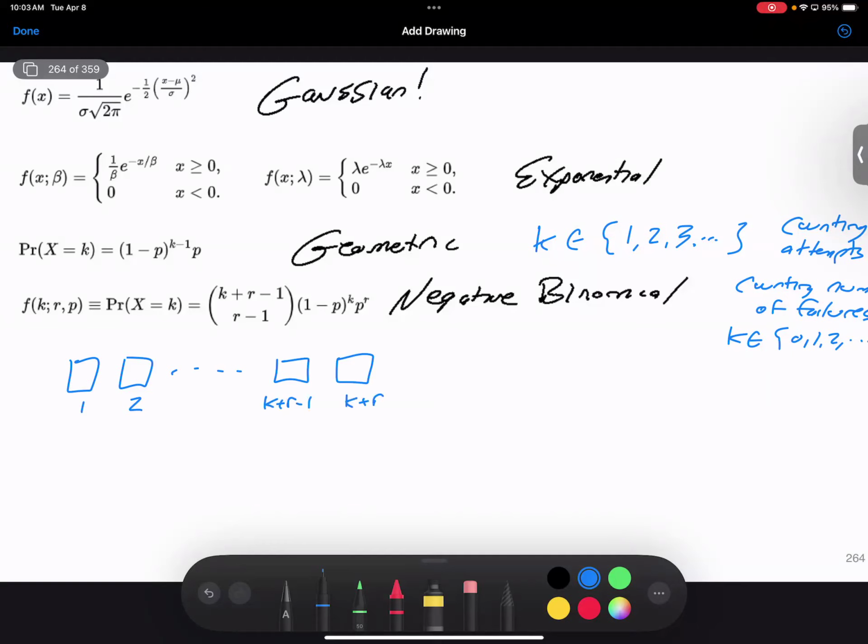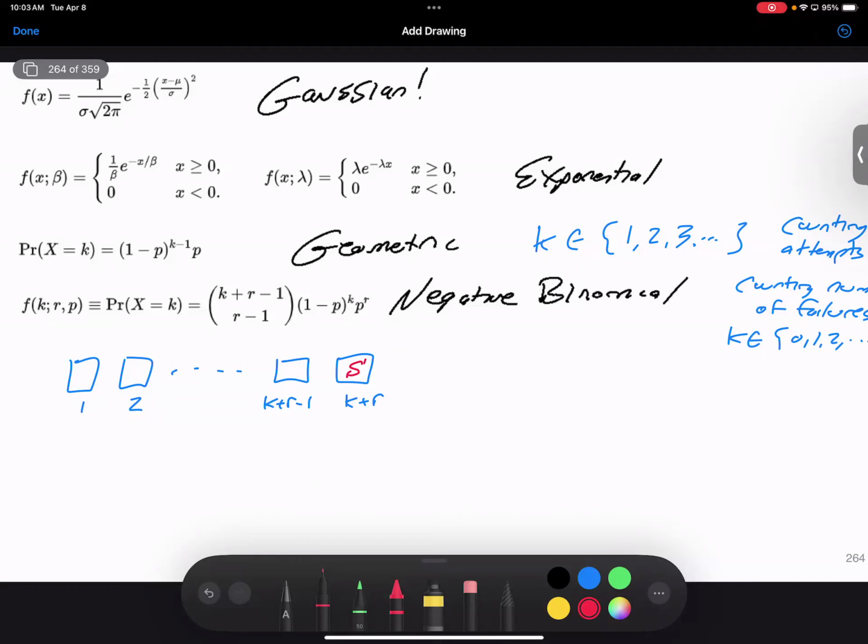If we want to have exactly r successes in the first k plus r attempts, what must the last attempt be? What must the result be? It has to be a success. Otherwise, I would have obtained my r successes earlier, or I won't have r successes.